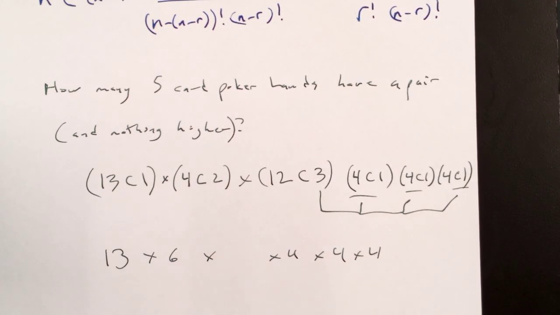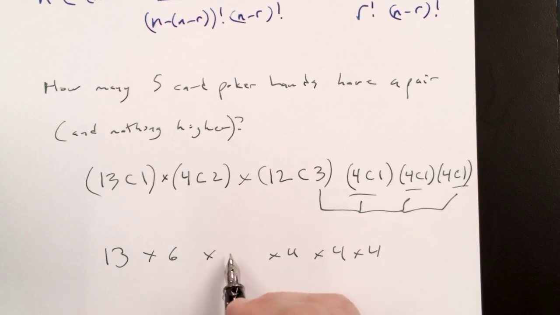What's 12 choose 3? You own a calculator. Don't try and do this in your head. I got a much smaller 220. That's 12 times 11 times 10 divided by 3 times 2 times 1. Or use the combination button on the calculator. Multiply all these together, what do you get?